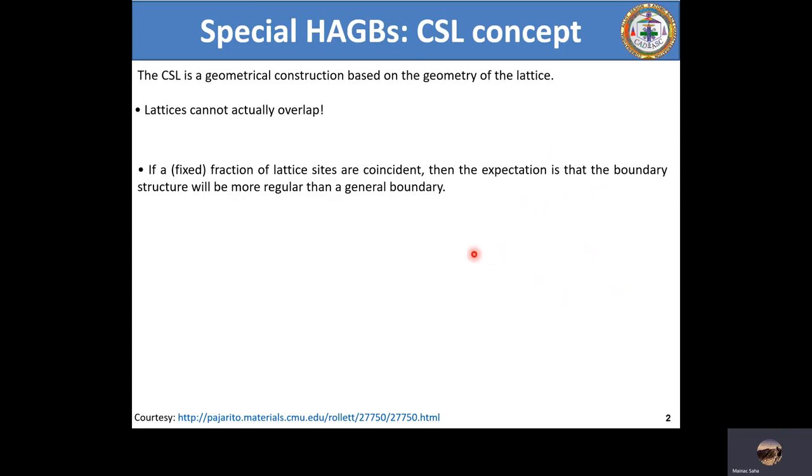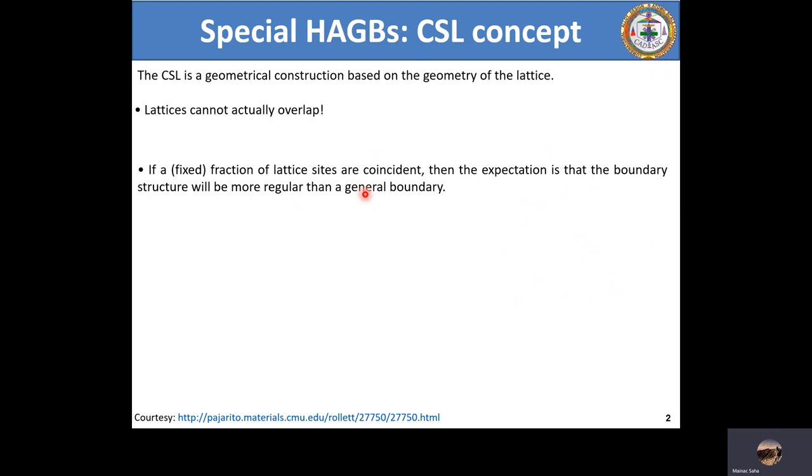So this point also means that if there is a fixed fraction of lattice sites which are coincident, in the case of CSLs, when the atomic planes are continuous across the grain boundary plane, then the expectation is that the boundary structure will be more regular. There should be some regularity because of the good atomic fit.